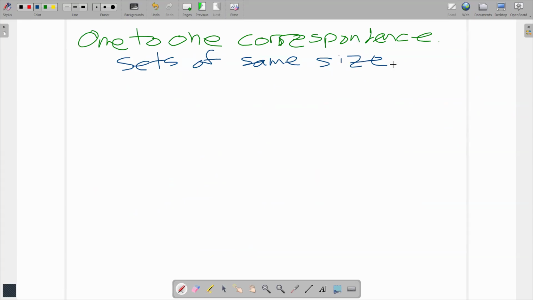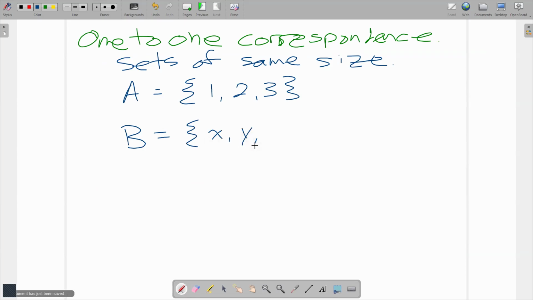So I could have set A, and set A has a 1 digit and a 2 digit and a 3 digit. And set B has an X in it, a Y in it, and a Z in it. And a one-to-one correspondence means for every element in one set, I can connect it to an element in the other set and not miss anything.